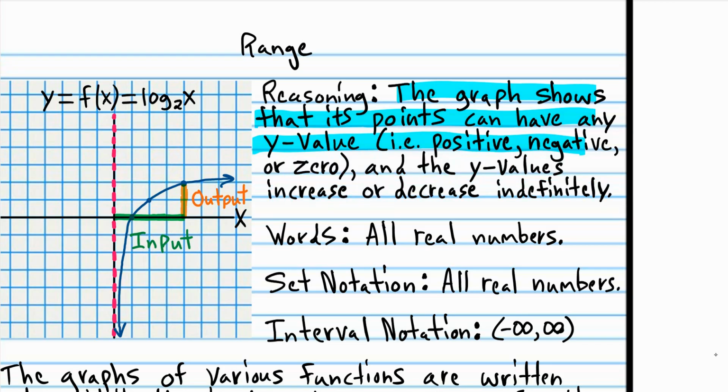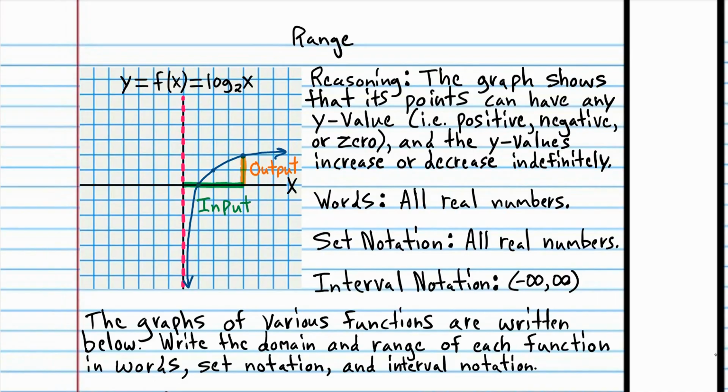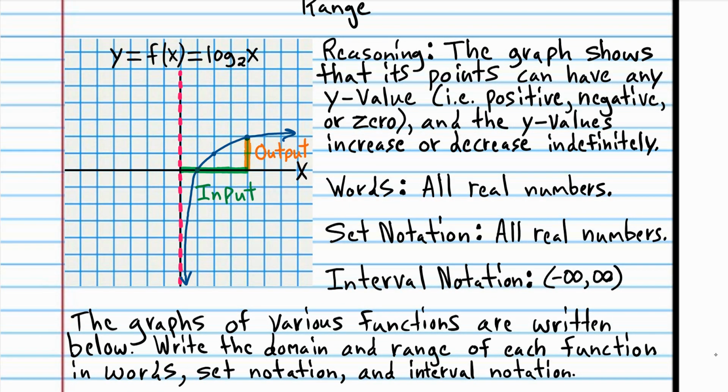So as you can see, if we analyze the graph, finding the range is pretty easy. So the range is all real numbers. Again, we're talking about the y values. The y values of the graph can be all real numbers. In set notation, we say all real numbers. In interval notation, we say negative infinity to infinity.